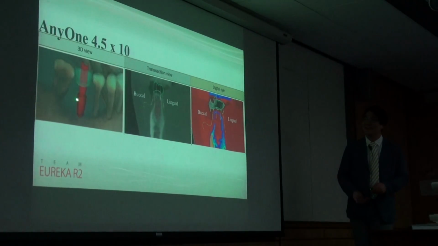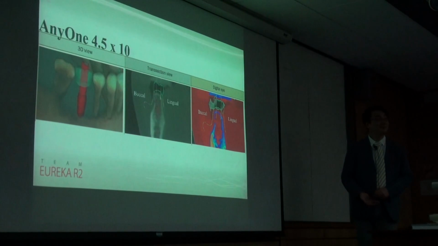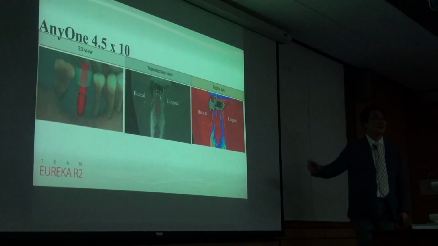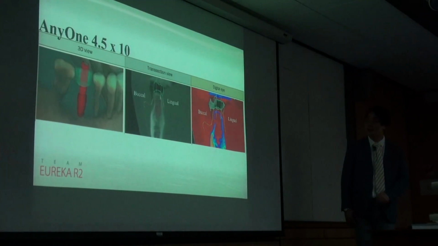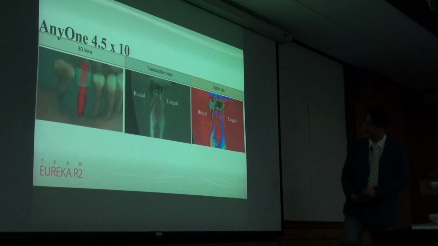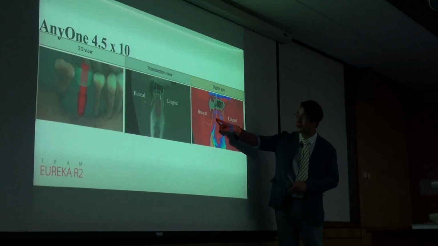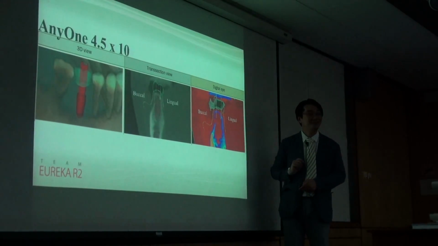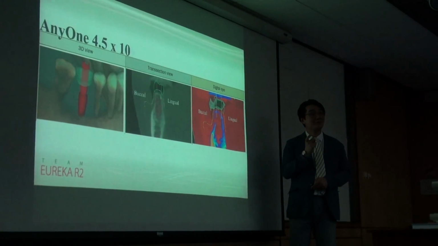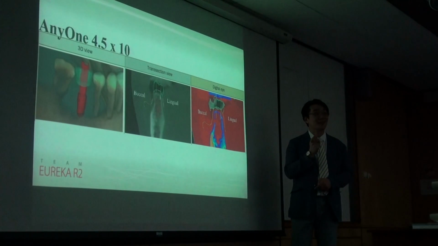This is the worst case. How about this patient condition? This is very loose bone, right? Soft bone. So using virtual planning, I make this kind of strategy. I have to engage the cortical bone, because it gives more initial stability.